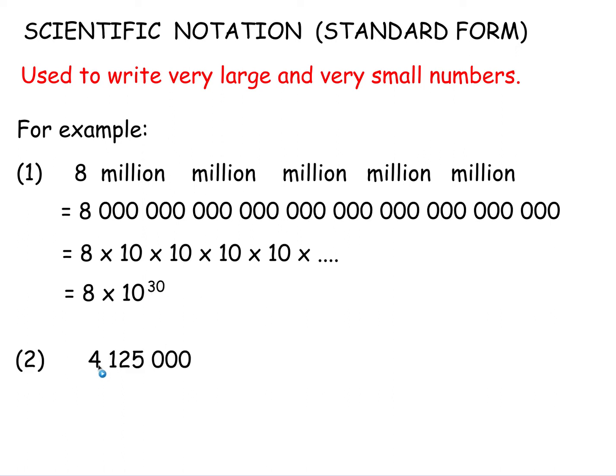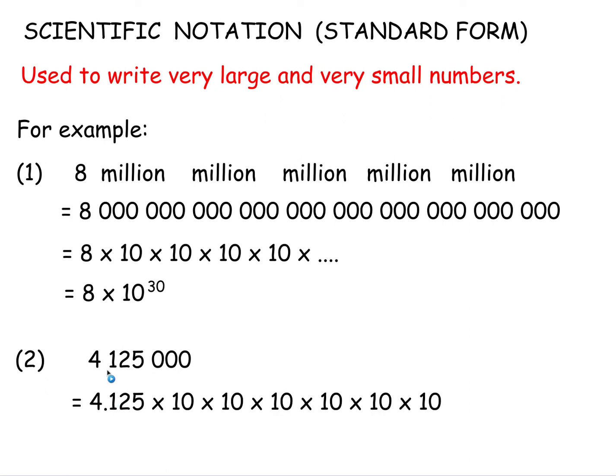So in this case, to get the number at the start, I place the decimal point after the first non-zero digit, the 4. So it's 4 point, so it becomes 4.125. You then say, how many times do I multiply 4.125 by 10 to get back to the original number? And it's 6 times.